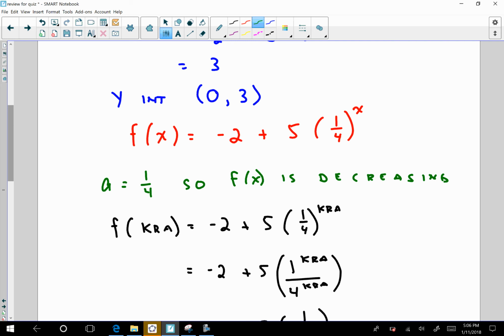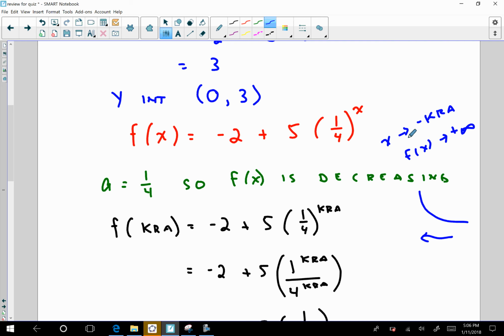So right away, if it's a decreasing function, I could actually say that as x goes to negative infinity, the function is going to go to positive infinity. Because if it's decreasing and it's exponential, it's going to look like this. So if x goes to negative infinity, the function is going to shoot off to positive infinity fairly quick.